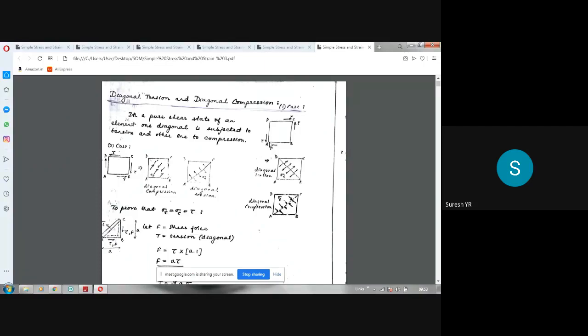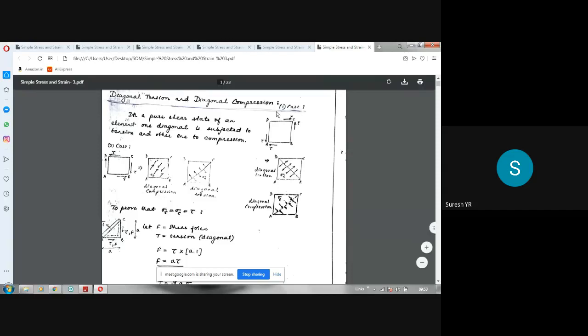Very important. So when the state of pure shear is like this, what happens due to these two stresses? Just imagine, you can understand this concept.